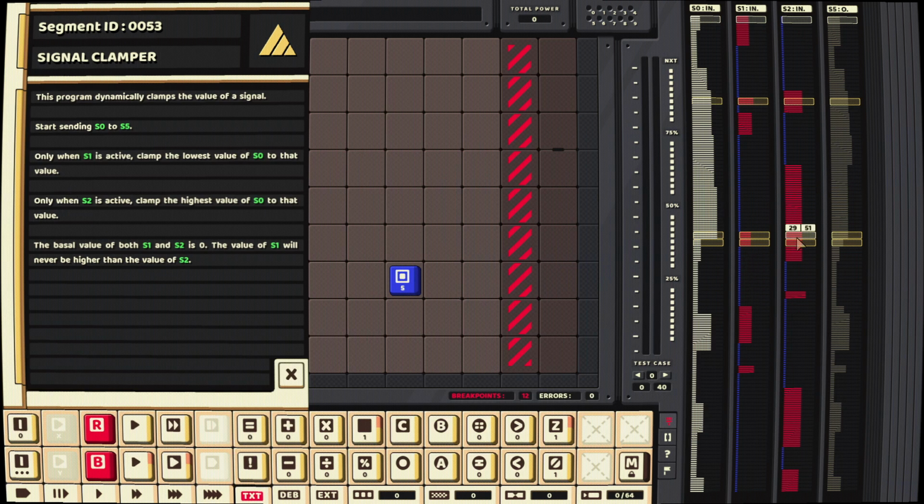So basically the value of S0 can never go outside of the bounds of these values unless they're inactive or unless they're 0. And S1 will never be higher than S2. Yes, that makes sense because S1 is dictating a minimum while S2 is dictating a maximum. So S1 can never be higher than S2. But interestingly, I assume that means they can be the same.